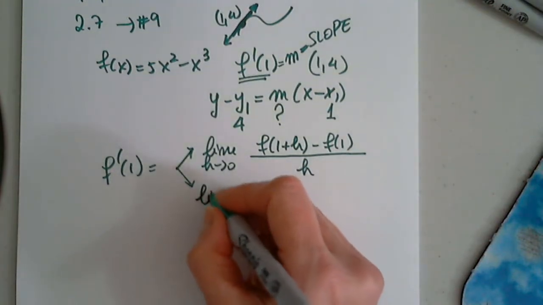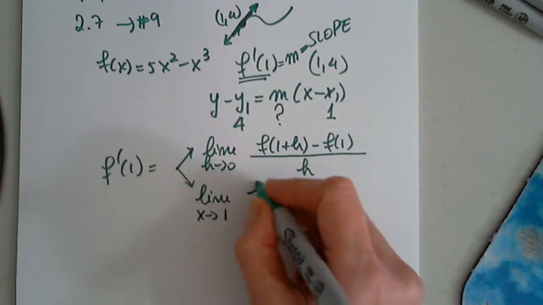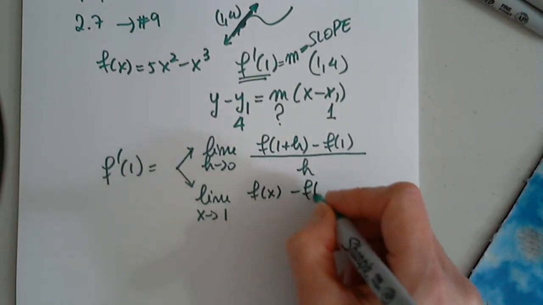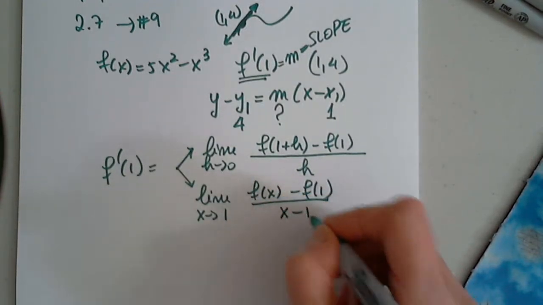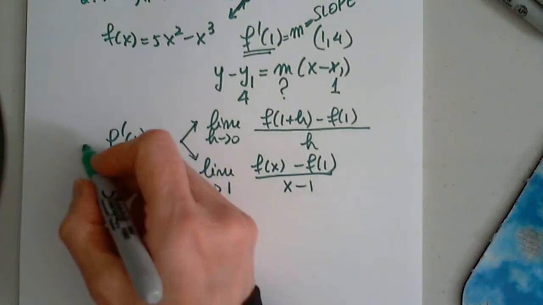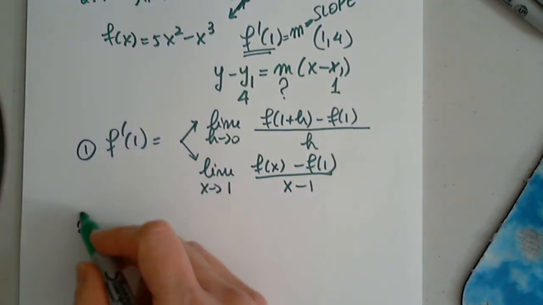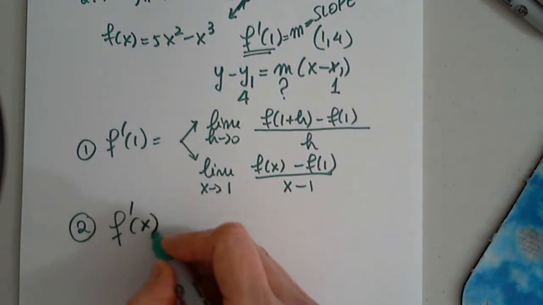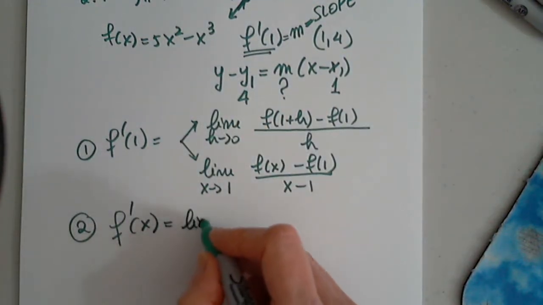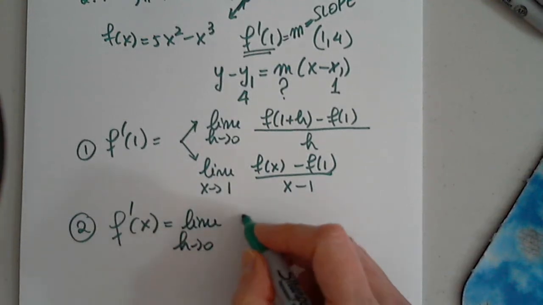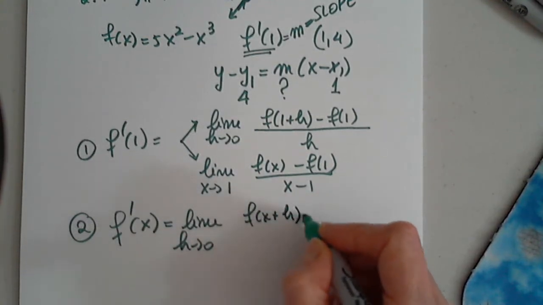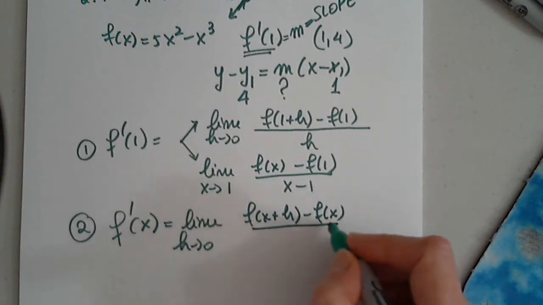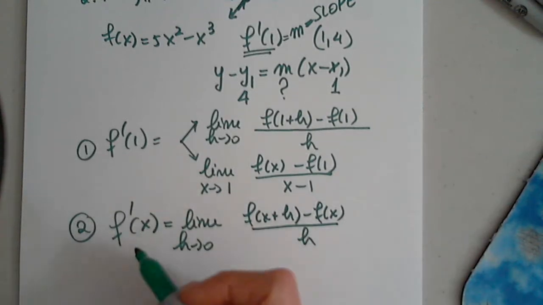The other option is the limit as x approaches 1 of f of x minus f of 1 over x minus 1. The second possibility is to determine f prime of x, which is the limit as h approaches 0 of f of x plus h minus f of x divided by h, and when I'm done, I'll plug in 1.